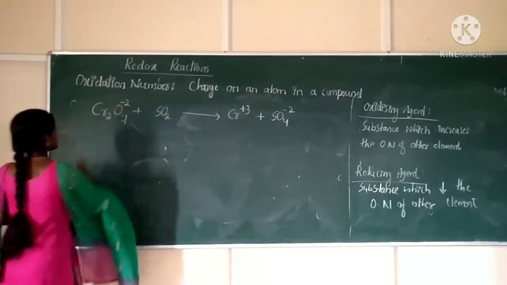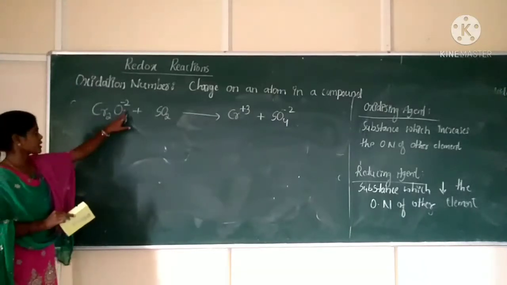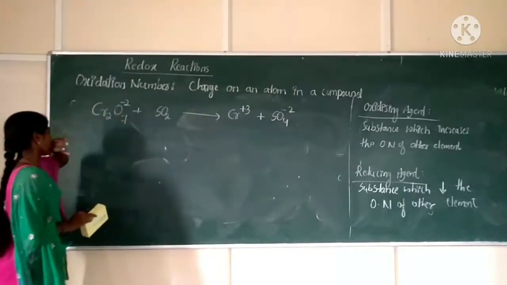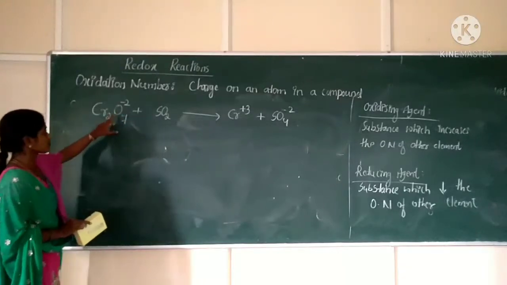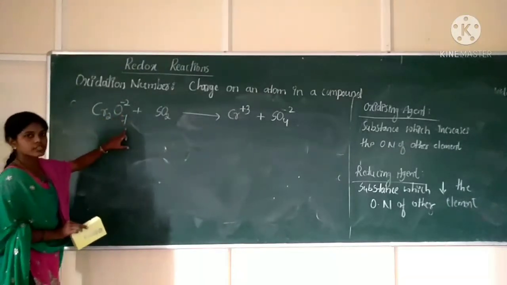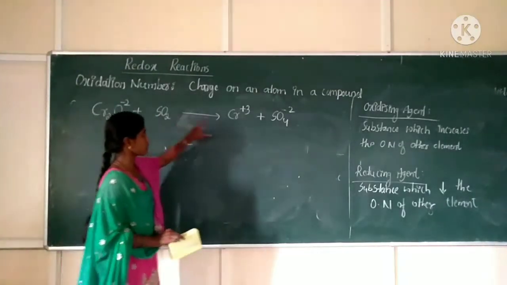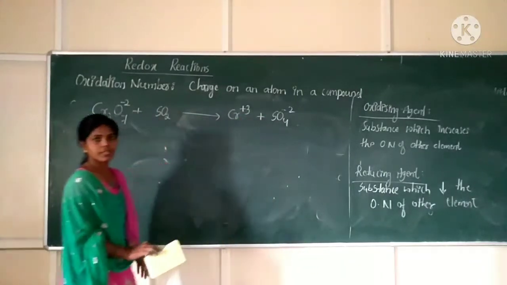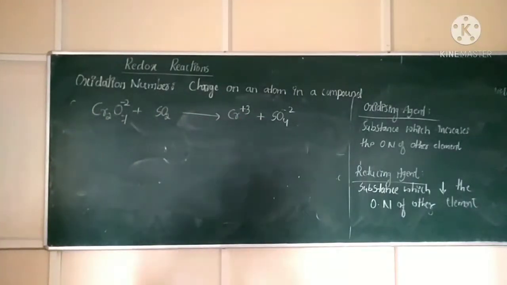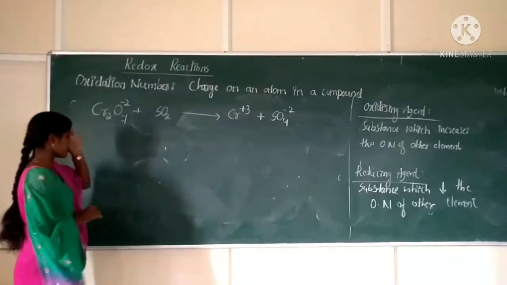Cr2O7 2- is the dichromate ion. The dichromate ion reacts with SO2 and forms Cr3+ and SO4 2-. Now find the oxidizing agent and reducing agent from the reaction.